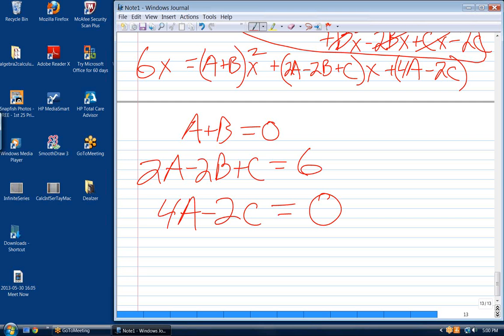And you want me to go through how to solve 3 equations and 3 unknowns, or are you comfortable with that? Yeah, let's go ahead and do that. Let's do it? Yeah. Okay. What we do is try to eliminate, the way I do this, now there may be a simpler way here since 2 of these equations don't have all 3 variables in them. Let me think about that for a second.